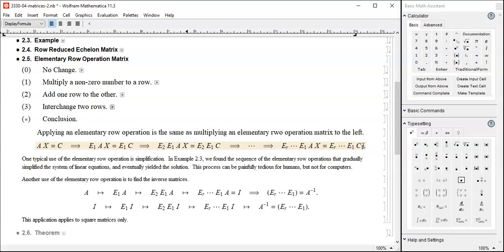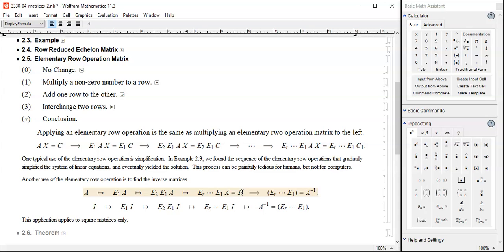Now, the final application is the inverse function, or inverse matrix, excuse me. How does it work? We begin with an invertible matrix and apply elementary row operations E1, E2, E3, all the way up to ER, and end up with a row-reduced echelon matrix, which happens to be I. Remember, every matrix can be transformed into a row-reduced echelon matrix through a series of elementary row operations, but not everything can become the identity.